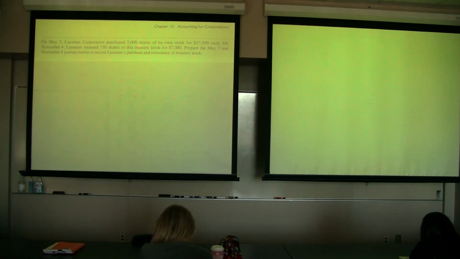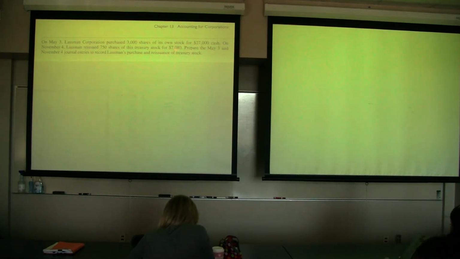Now don't forget, you've got to divide the 3,000 into the 27,000 to get the per share cost, and then divide 750 into this to get that per share amount, so you can see whether it was sold at a gain or a loss.